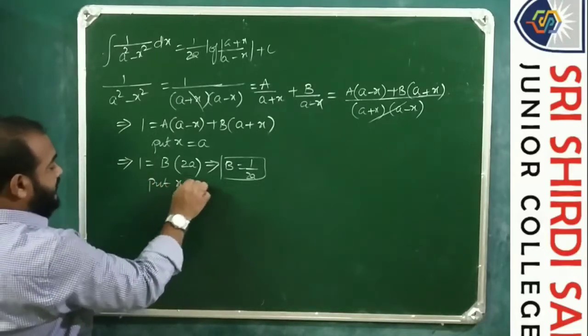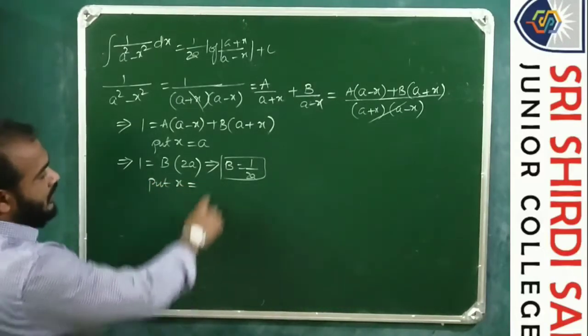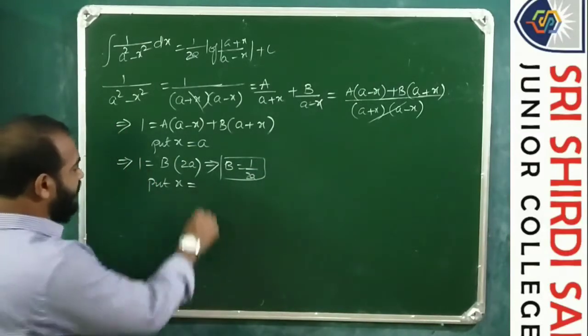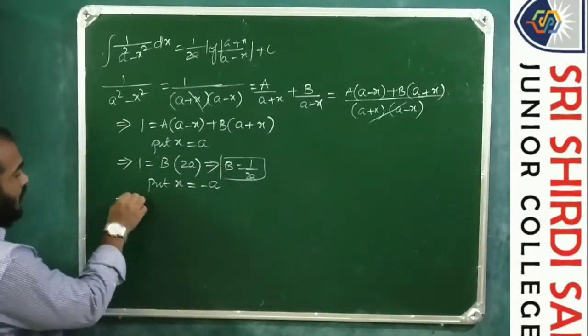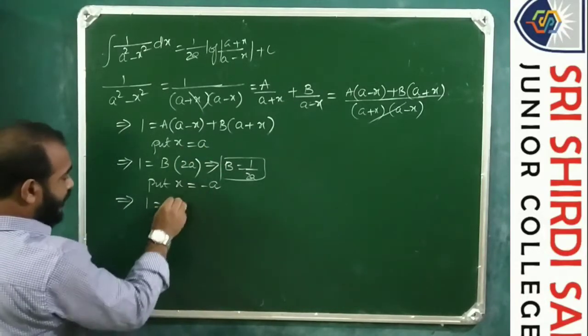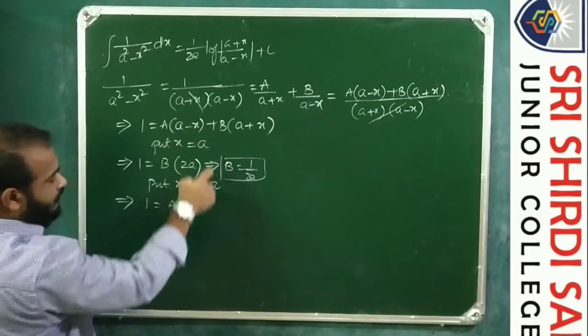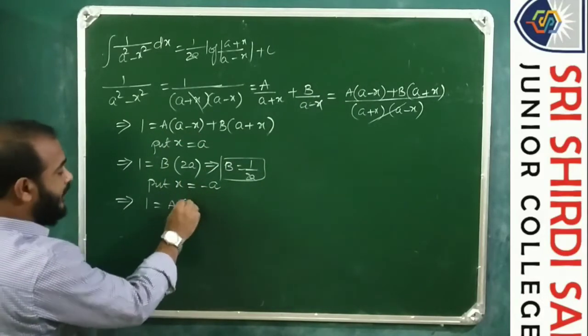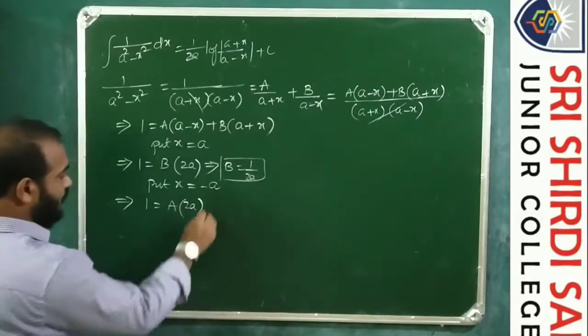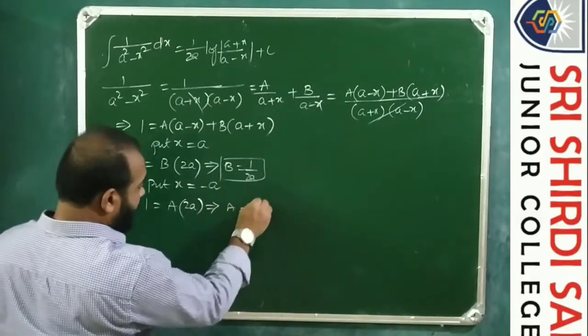Put x equals minus a, since a plus x is a factor equated to 0. So now 1 is equal to A into a minus of minus a, which is plus a, 2a. The B term, if you substitute minus a here, will be 0. So again A is equal to 1 by 2a we get.